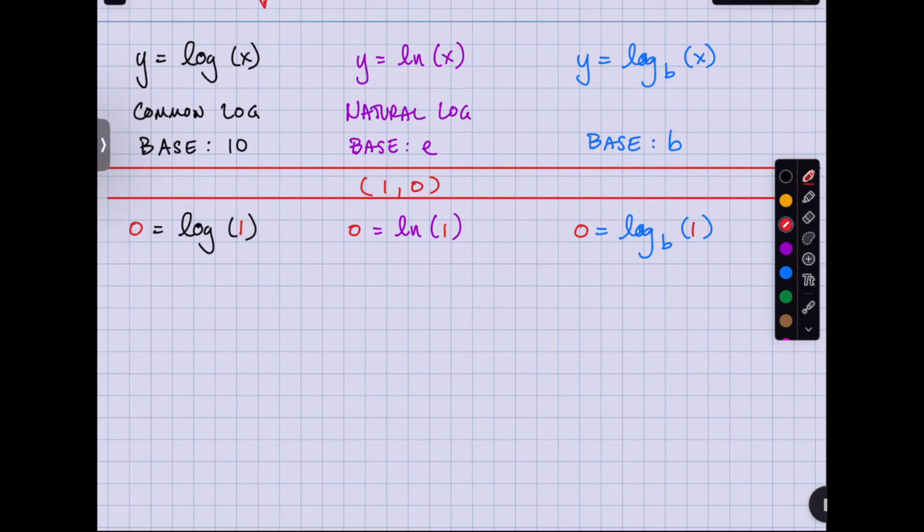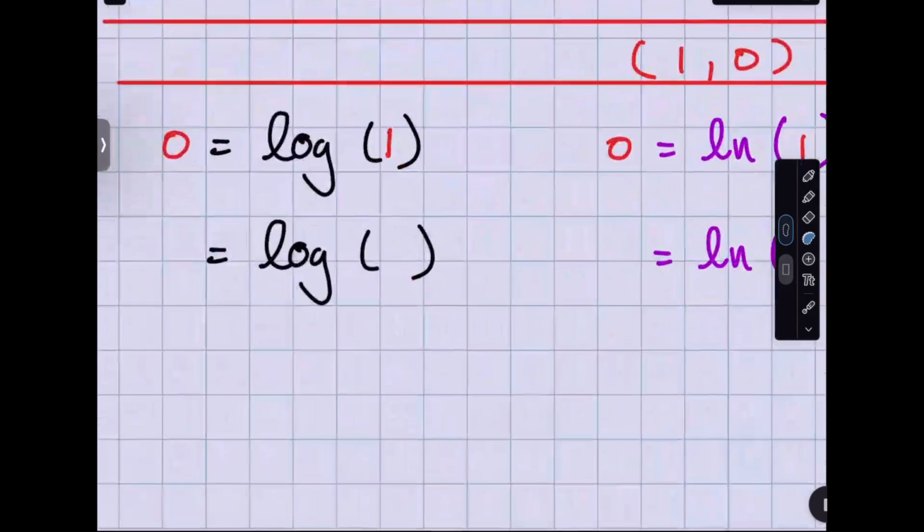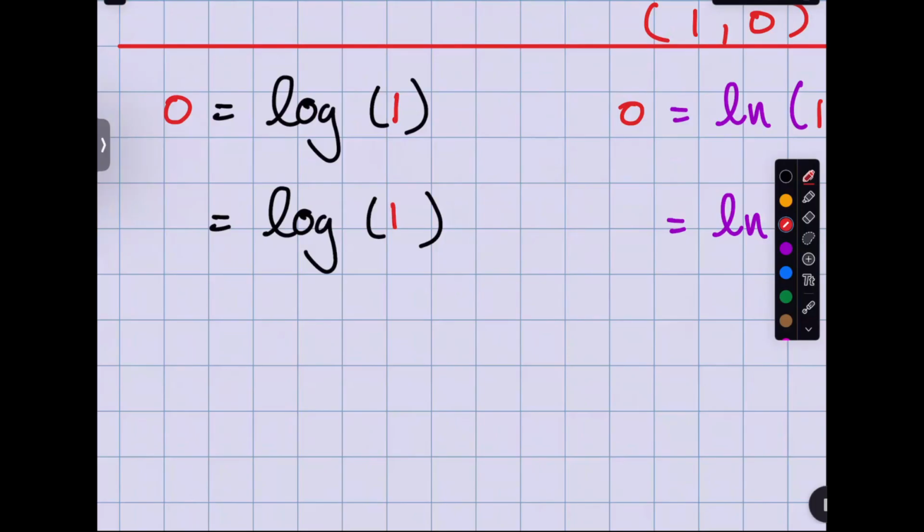We okay there? Now, if I take the log of 10, that's going to equal 1.